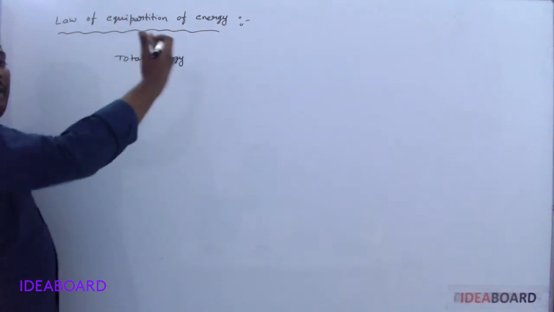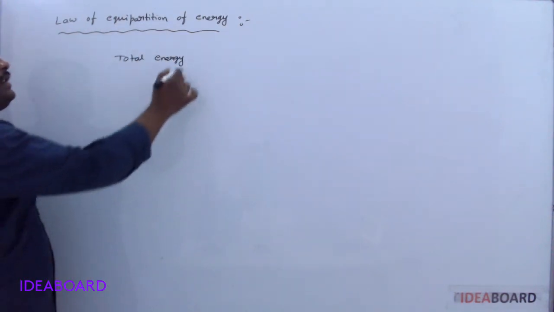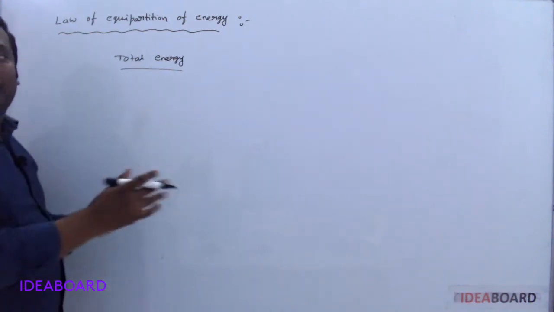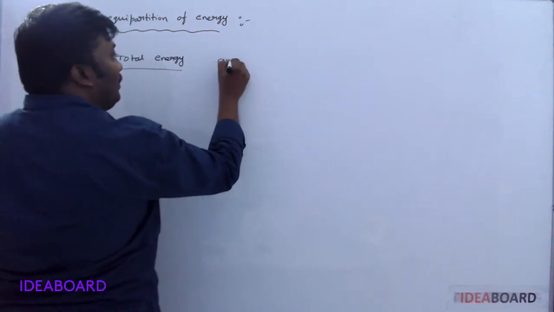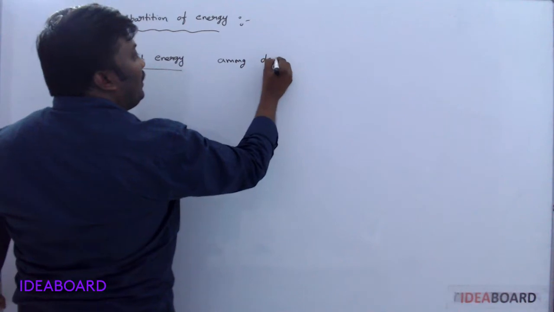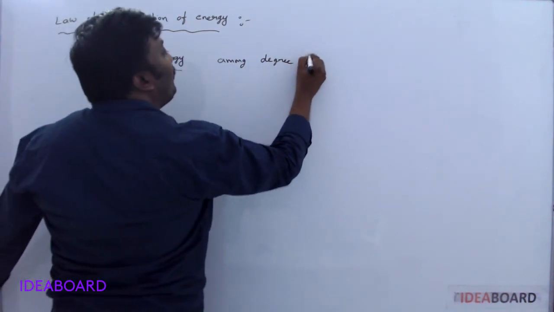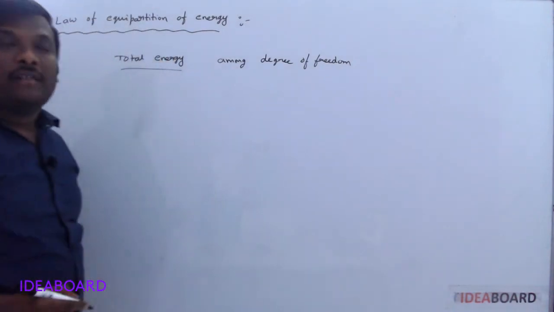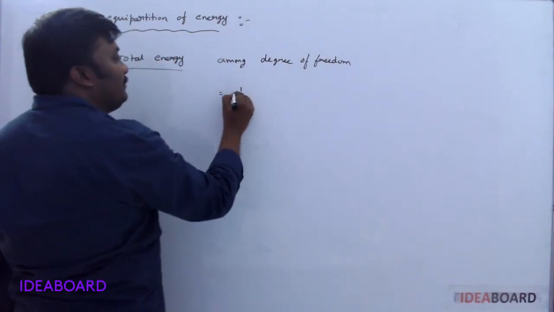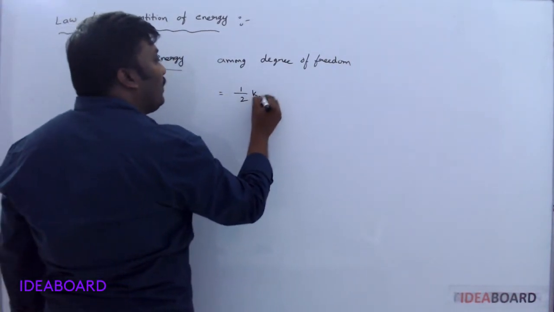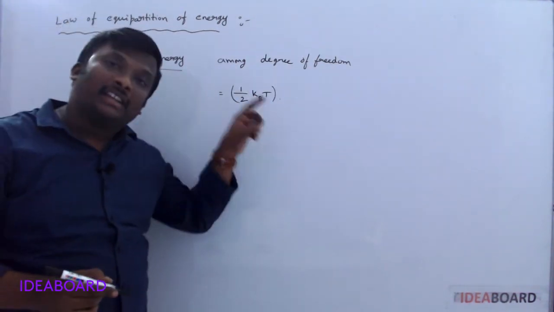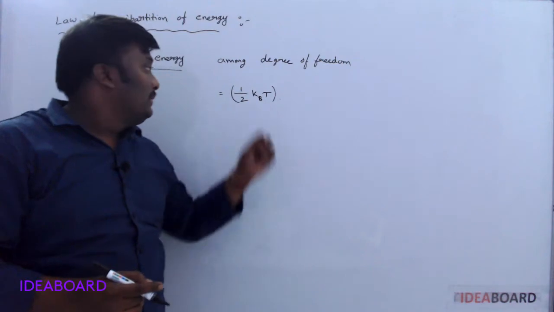Equipartition, equal parts, means the entire energy is equally distributed among each degree of freedom. Okay, for each degree of freedom they provided half kBT energy. Each degree of freedom provided half kBT.